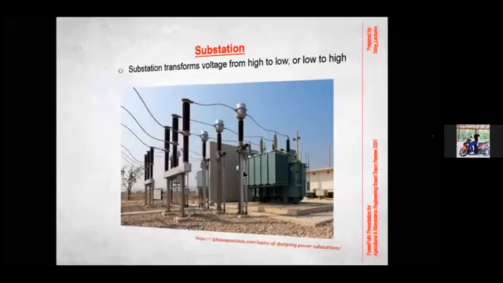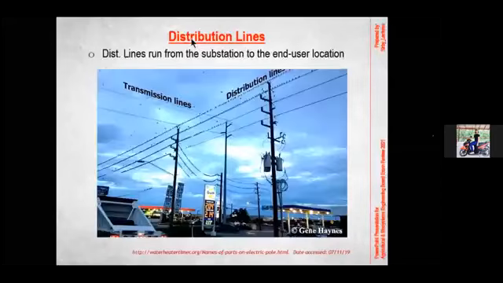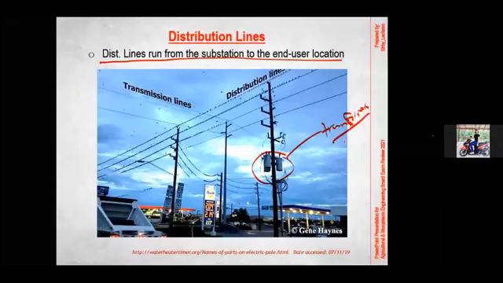And we have here the distribution lines. So these distribution lines run from the substation to the end user locations. This post right here, that's the one I was talking about, and these electrical devices are called the transformers in these power lines.